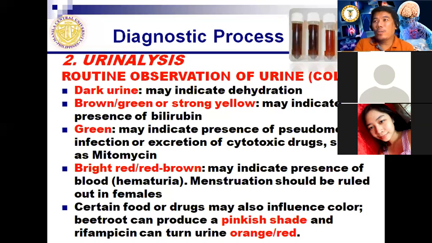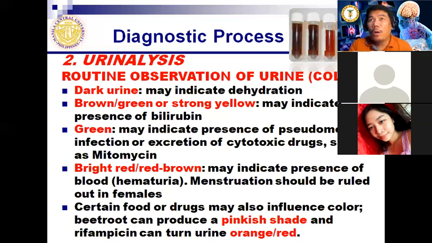So if there is pinkish shade in the urine, ask, have you eaten food with beetroot? Because that may cause discoloration of the urine. However, if the color of the urine is orange or red-orange, that's indicative, and ask the client if the client is taking anti-TB drugs, such as rifampicin. So these are very important observations of urine which may direct you to further tests.